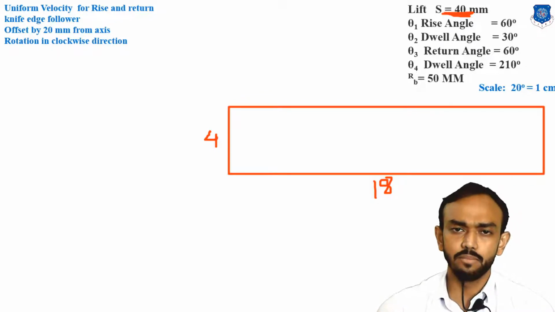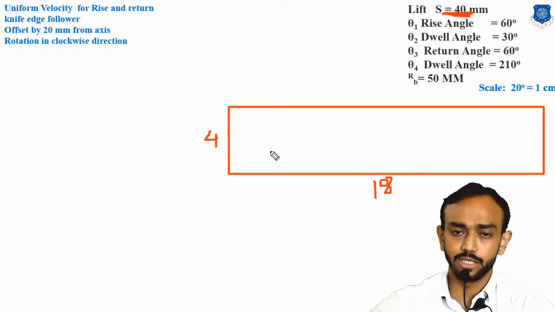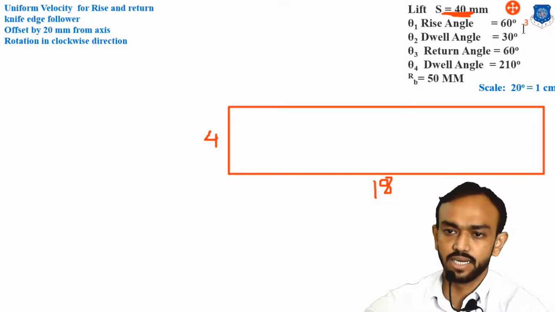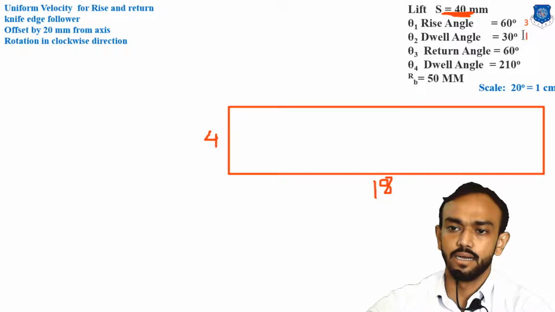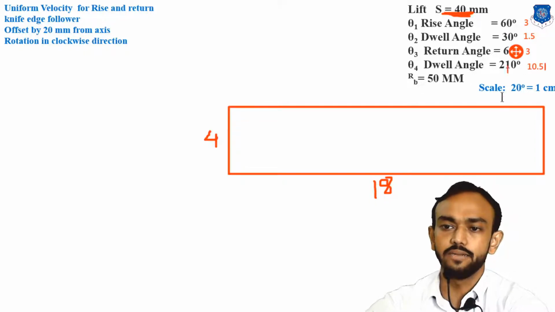In all examples we repeat this procedure. We partition the rectangle in 4 parts: 60 degrees equals 3 centimeters, 30 degrees equals 1.5, 60 equals 3, and 210 equals 10.5.